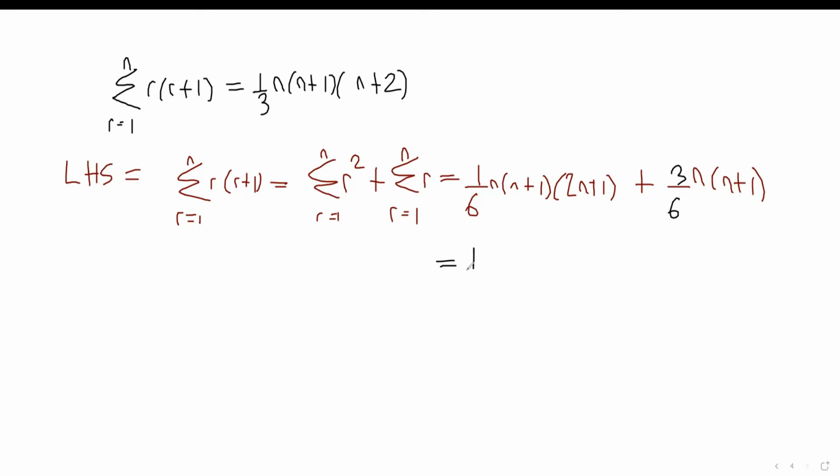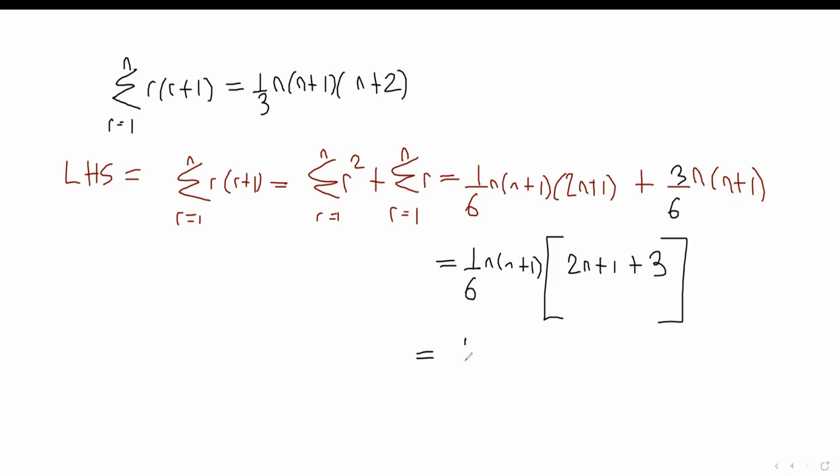So I'm going to factor out 1 over 6n times n plus 1. What I'm left with on the inside is the 2n plus 1, plus, when I factor out 1 over 6 from 3 over 6, I'm left with 3. So inside here, I'm left with 2n plus 1 plus 3.